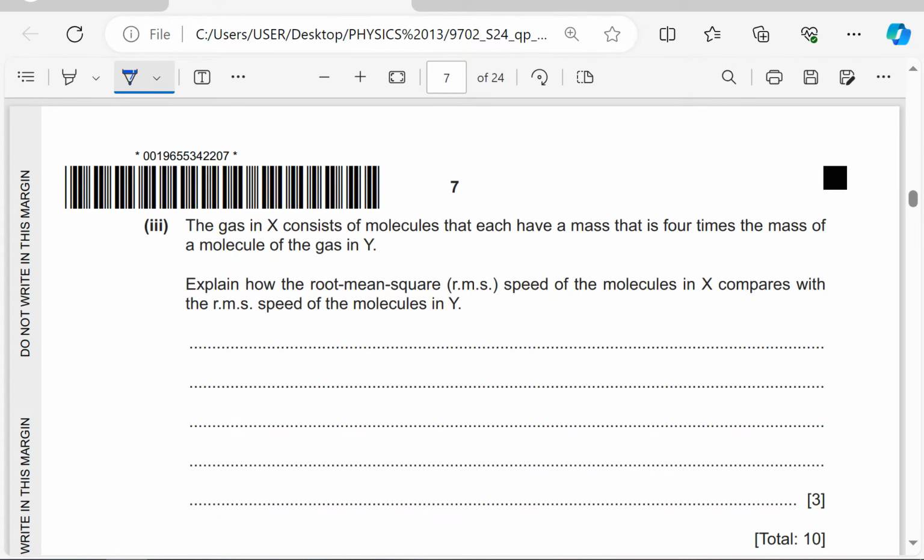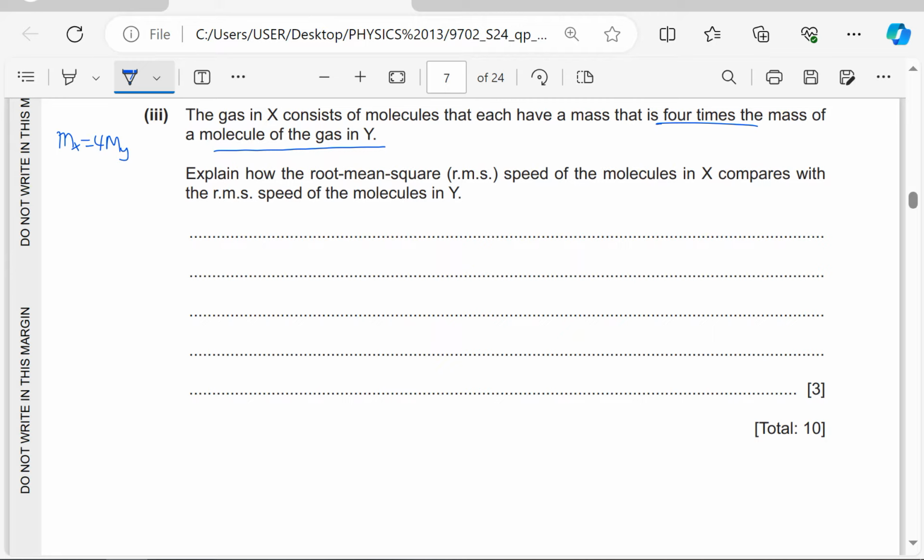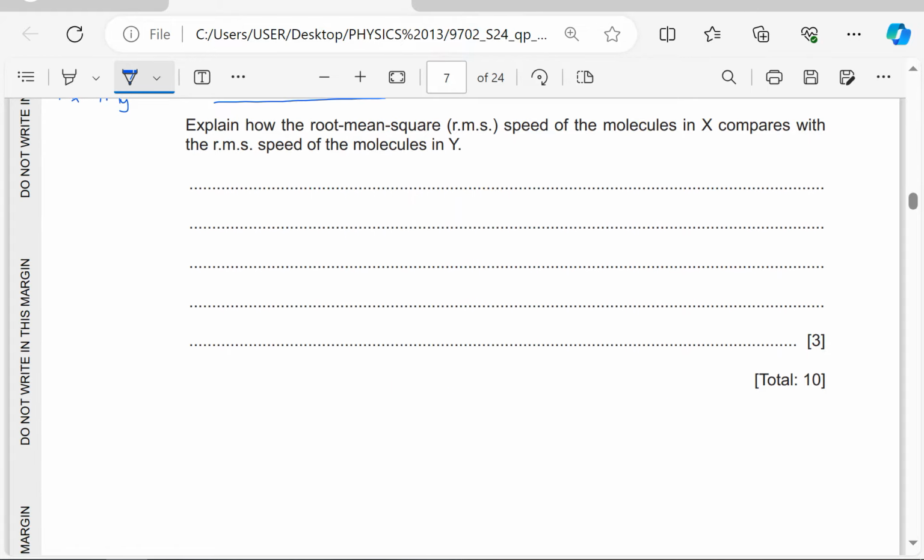The gas in X consists of molecules that each have a mass that is 4 times the mass of a molecule of gas Y. So we are seeing that the mass of molecules in X is 4 times the mass of molecules in Y. Explain how the root mean square speed of the molecules in X compares with the root mean square speed of the molecules in Y. Of course, we know that kinetic energy EK is a half m times the mean square speed, which is the mean translational kinetic energy of a molecule, and it is the same as 3/2 times kT.